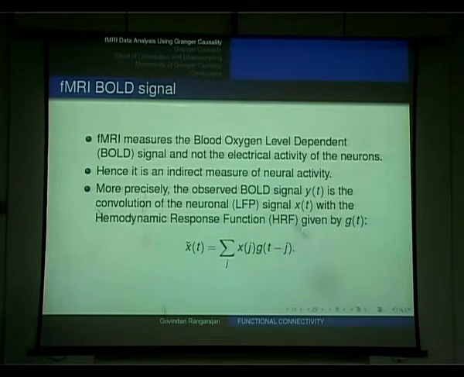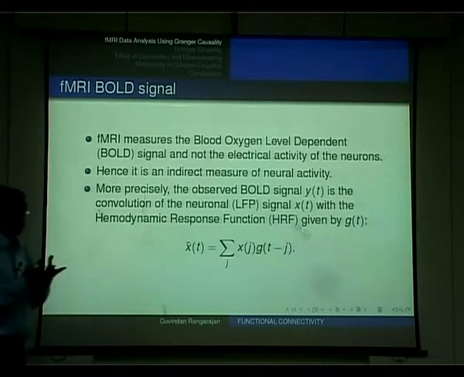Mathematically, you can think of the BOLD signal, the fMRI signal that you observe, which I call y of t, as a convolution of the neural LFP signal x of t with what is called the hemodynamic response function. So you have this neural signal being convolved with the hemodynamic response function, and you get this y, which is what you observe.